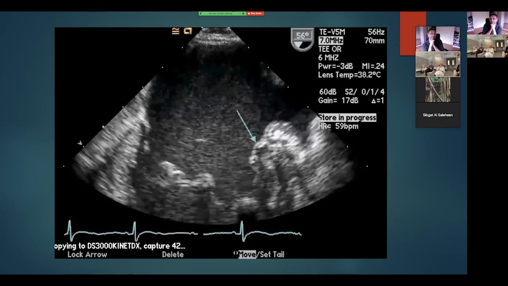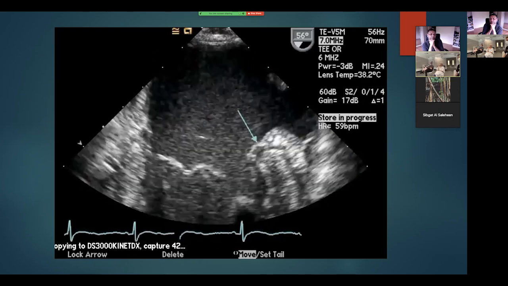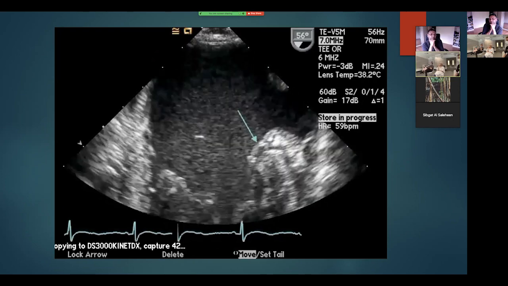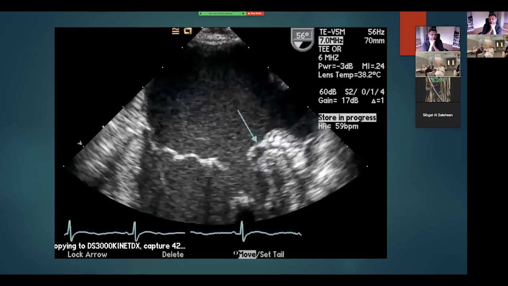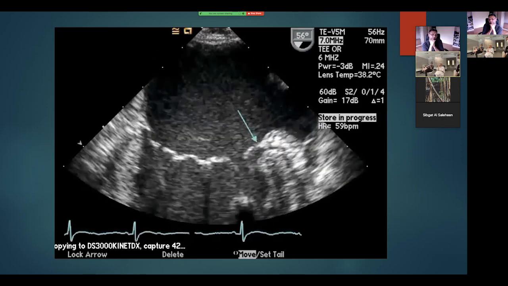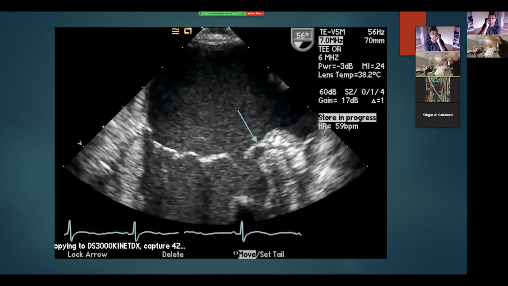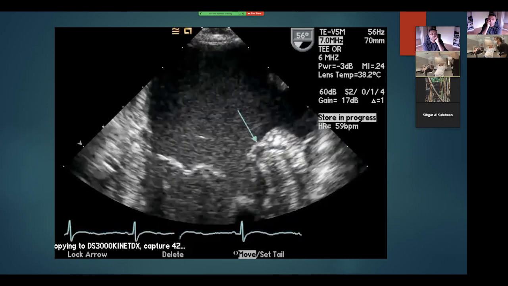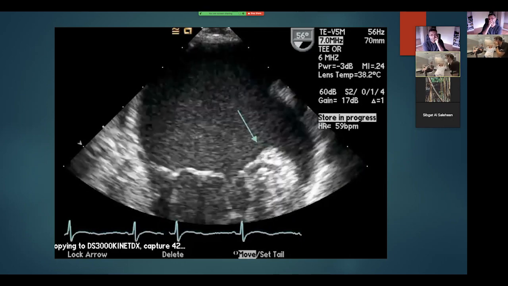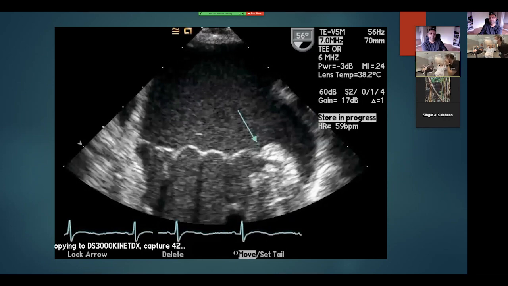Which one's anterior, which one's posterior? I guess this is like the 2-chamber. Yeah, nice. How can I tell? Think about the RV. Which wall is on the left and which wall is on the right for the ventricle? We did just cover this this morning.